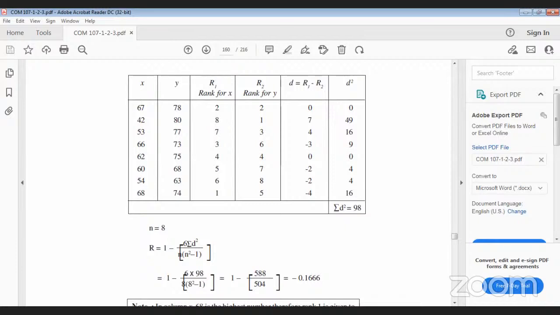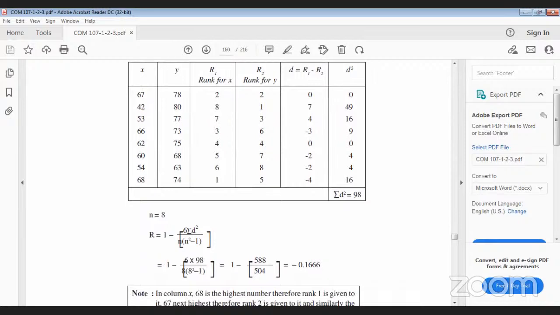Here 6 into 98 would be 588, then 8 into 63, it is 504. That means here the answer will be minus 0.1666 here.